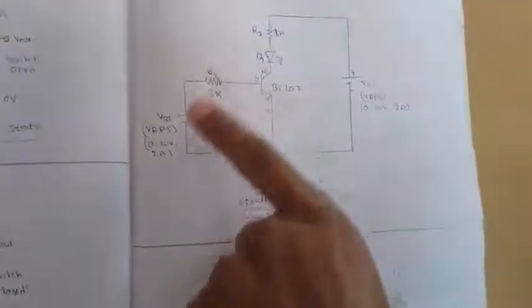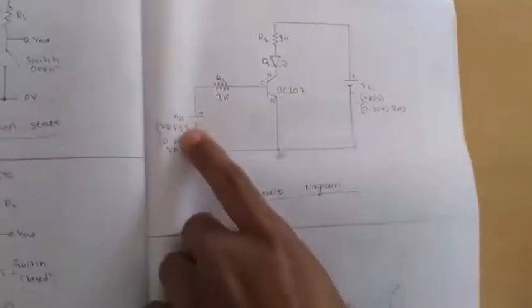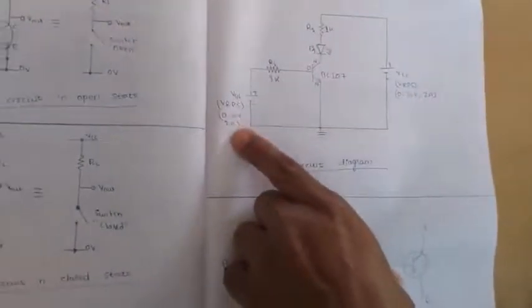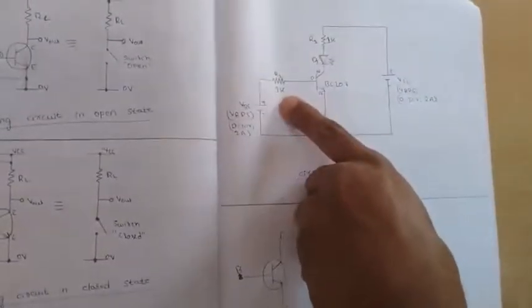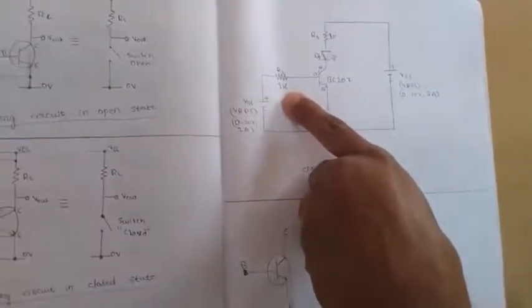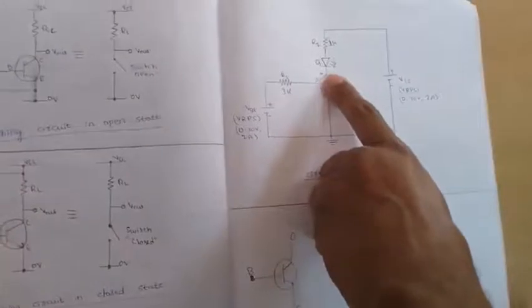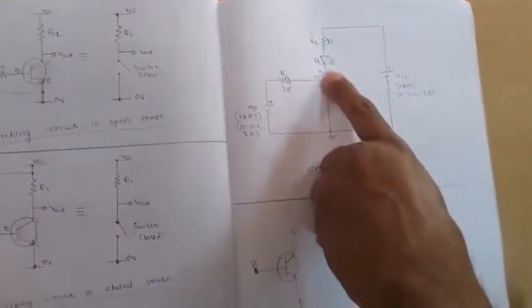We require a dual RPS of range 0 to 30 volts, two resistors of value 1 kilo ohm, and an LED, a light emitting diode. So this is the circuit diagram.